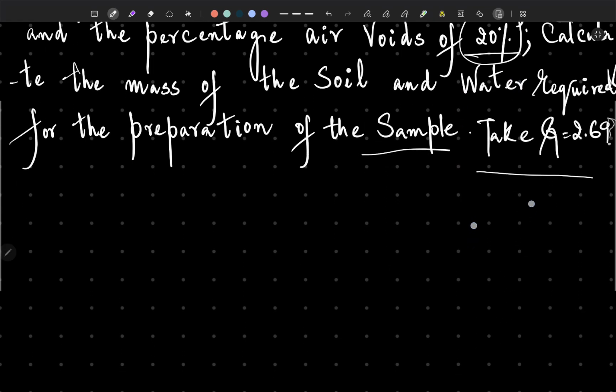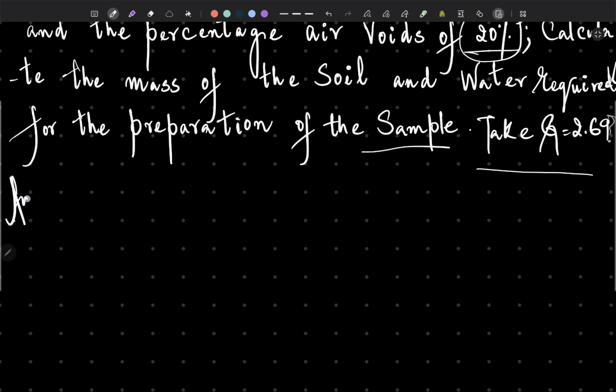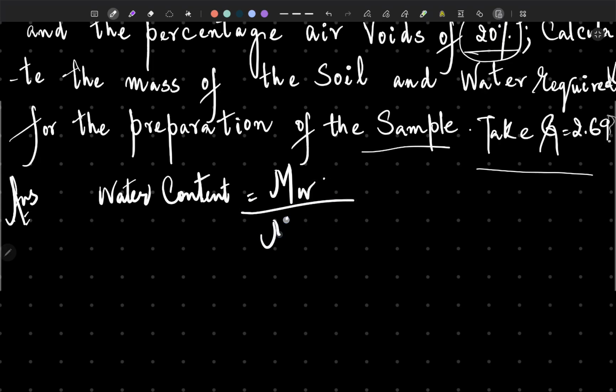We know that water content is equal to mass of water by mass of solids. Alright, so I can derive a relationship. Mass of water is water content multiplied by mass of solids.